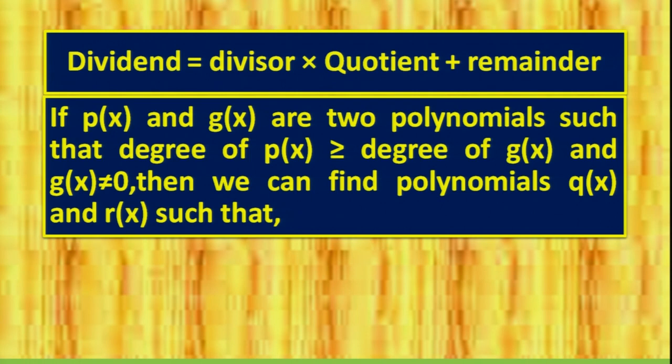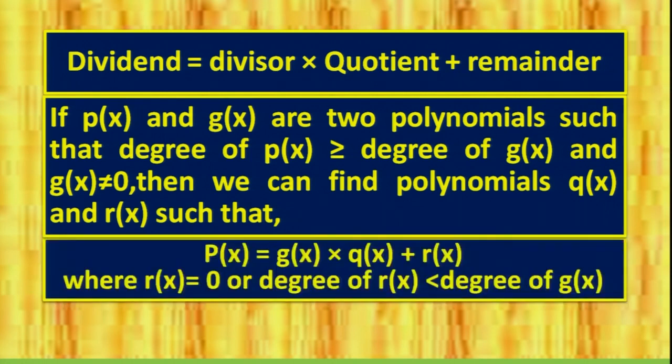We can summarize it like this: if px and gx are two polynomials such that the degree of px is greater than or equal to the degree of gx and gx is not equal to 0, then we can find polynomials qx and rx such that px is equal to gx into qx plus rx.